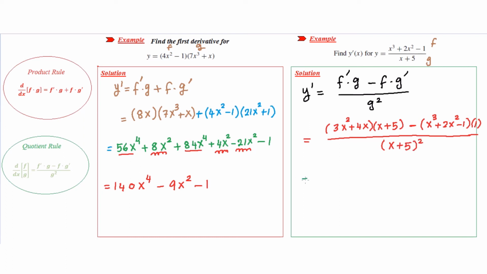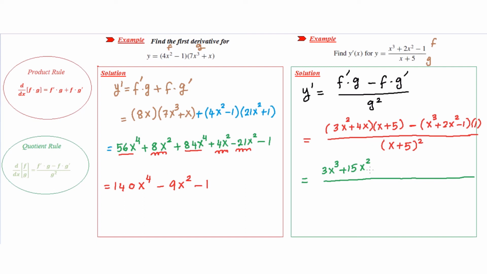After that you only have to simplify, so pay attention to the signs in the numerator. So 3x squared times x equals 3x cubed, and 3x squared times 5 equals 15x squared. Then you have to multiply 4x by the two terms in the second bracket.